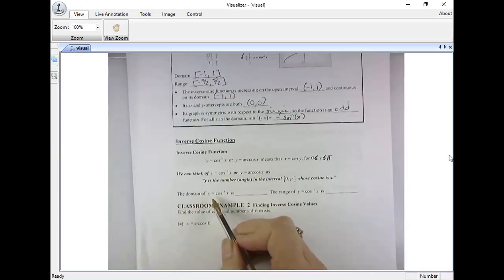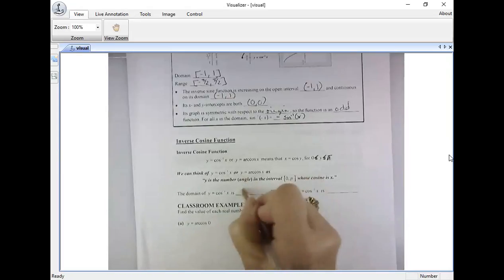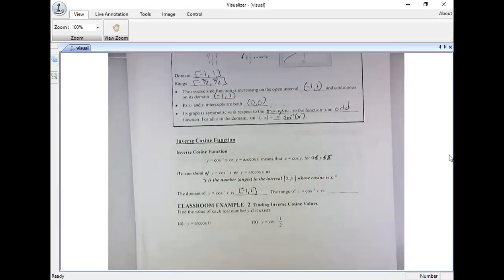Okay? Now, talk to me about domain. What would have to be the domain on the arc cosine? Remember, that's going to be the original output values for cosine. So all my cosine ratios are between what and what? That's it. Same domain as it was with the sine, but the range is now different because we're going to go from where to where.